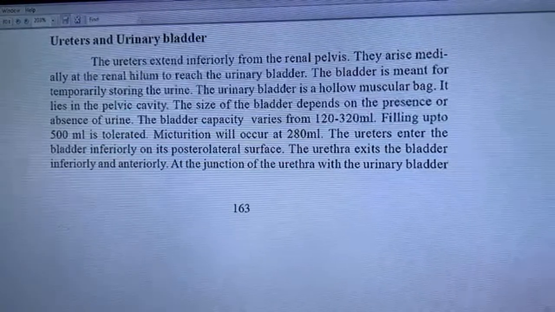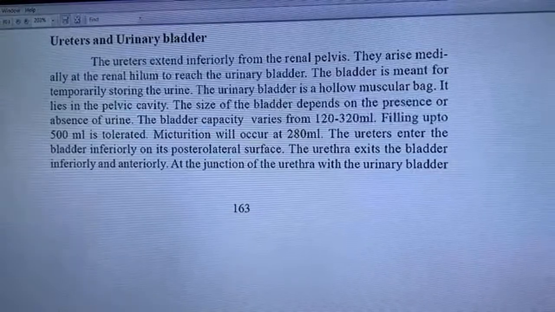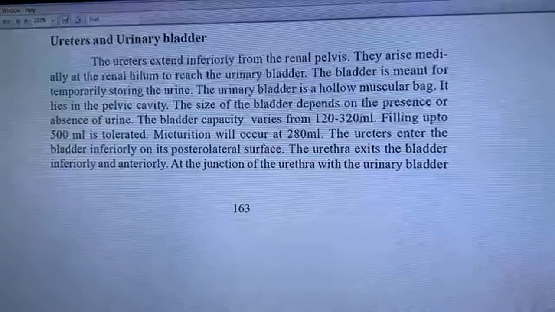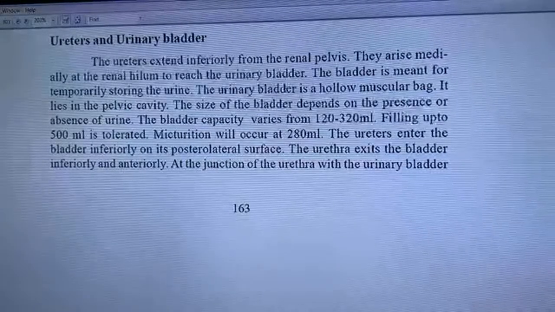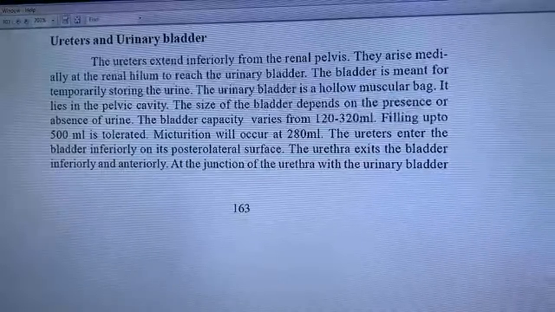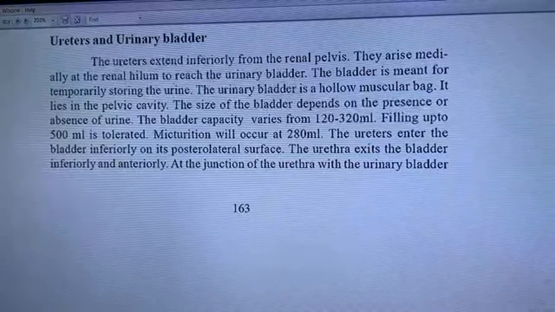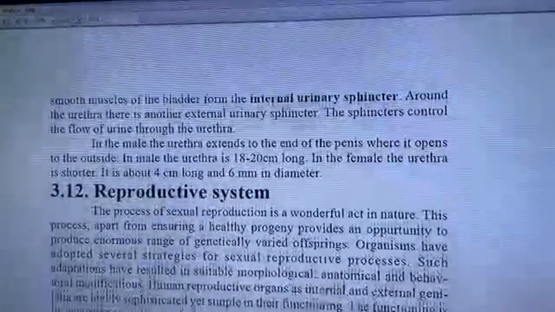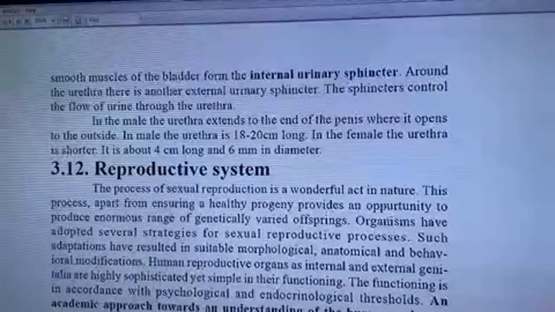The ureters enter the bladder inferiorly on its posterolateral surface. The urethra exits the bladder inferiorly and anteriorly at the junction of the urethra with the urinary bladder. Smooth muscles of the bladder form the internal urinary sphincter.